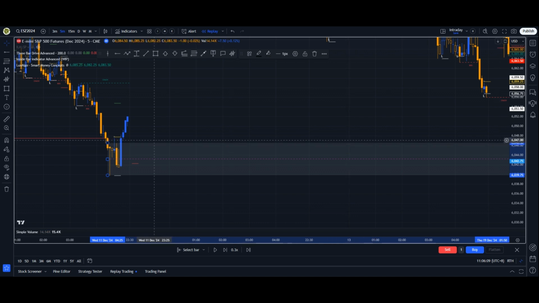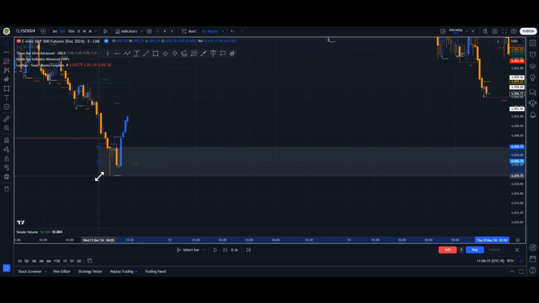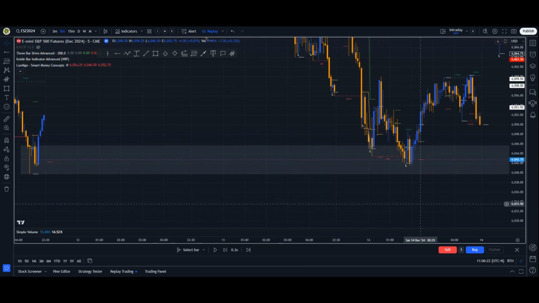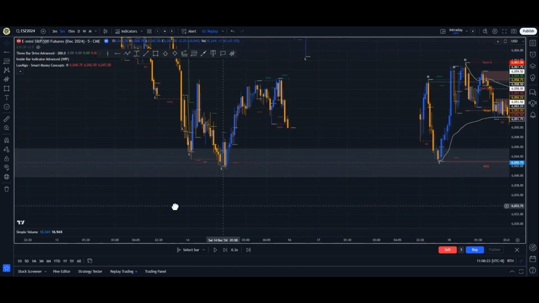We'll go and adjust this. Till the time there is a close beyond this, we'll continue to view this as a relevant zone for us.